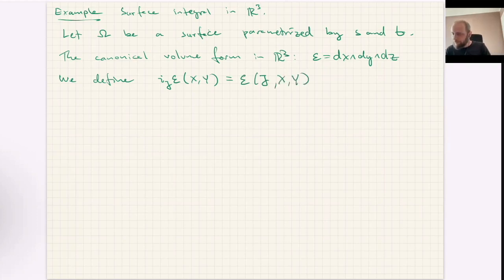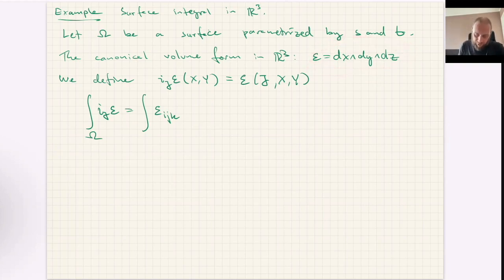So what does this mean for the integral that we can construct? The integral of this 2 form, i_J epsilon, over this 2-dimensional surface Omega. The definition tells us that we should first have epsilon_ijk, the permutation symbol, which are the components of this tensor.